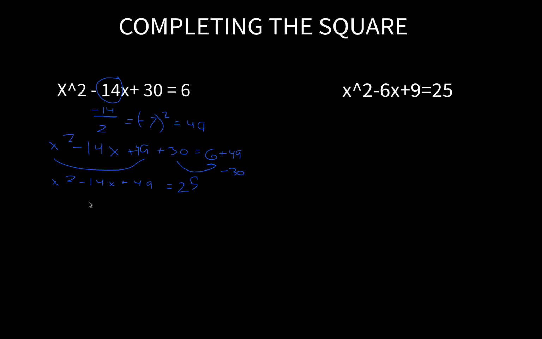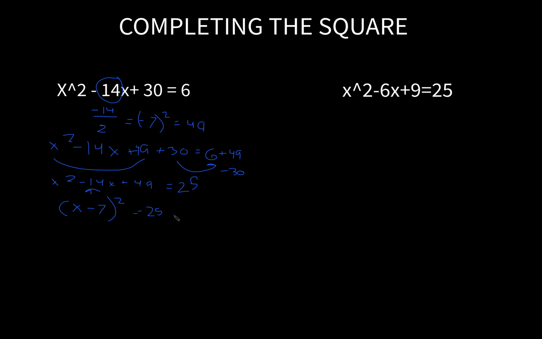So when you're factoring this, all you have to do is take your x, subtract 7, and square it. Because if you were to multiply this out, you would get this up here. And then we have our 25 on the other side.